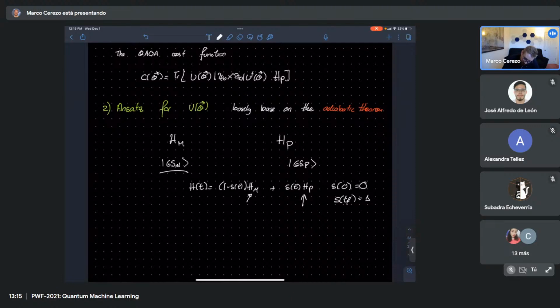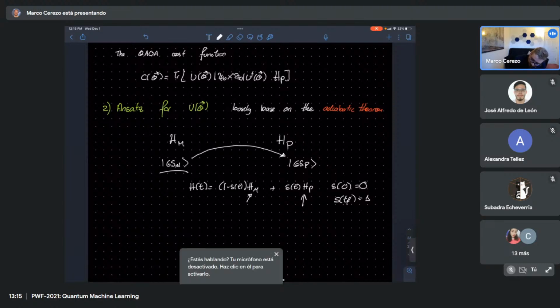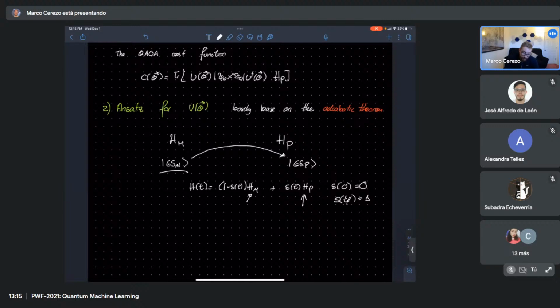If I make this evolution slowly enough, then I can guarantee that this state slowly transforms into the ground state of the Hamiltonian that I'm interested in. Of course, how slowly depends on what those Hamiltonians are, how easy it is for the ground state to jump to the first excited state. It depends a lot on the gap between your ground state and the first excited state. But let's not worry too much about that, because this algorithm is only loosely based on this.